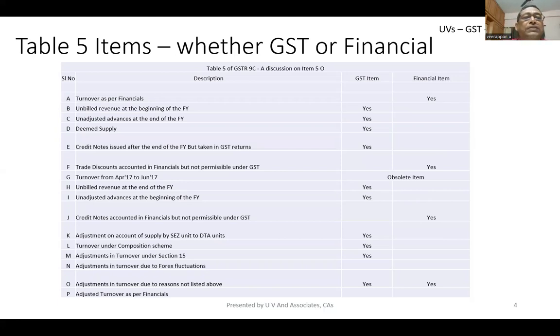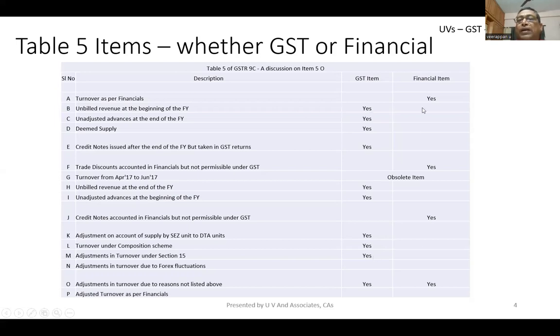So when we see turnover as per financials, it is a financial item. Unbilled revenue at the beginning of the financial year, we call all these GST items because it finds place in the regular monthly GSTR1. So whatever we say yes under GST item, these are all considered regularly in the monthly GSTR1 by the assessee.